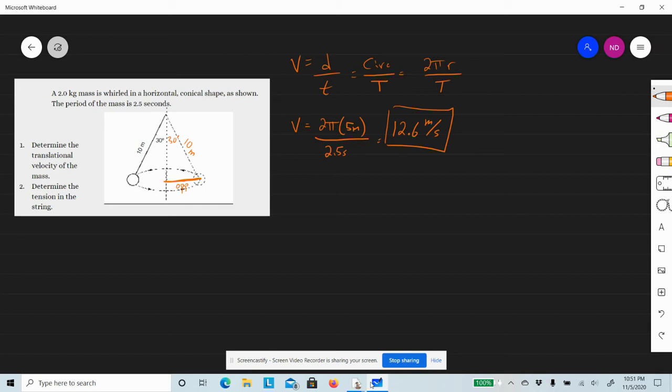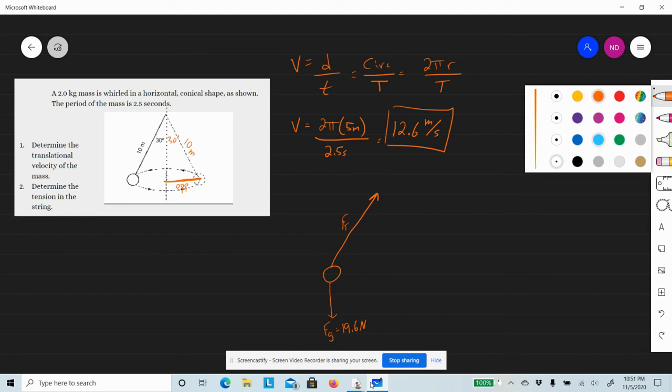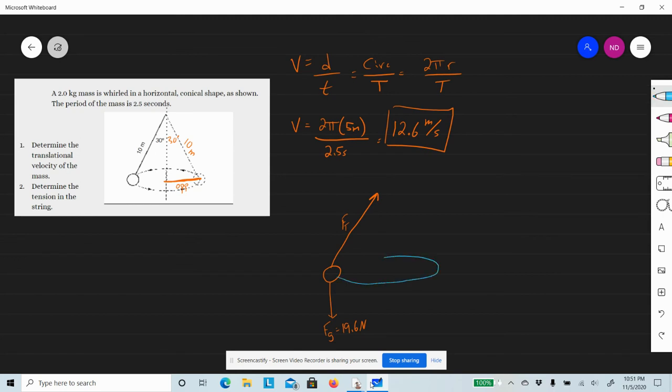Now they want to know the tension. The force of tension. Here's the mass. Earth's pulling this thing down with a force of mg, which is just 2 kilograms times 9.8, 19.6 newtons. This thing is moving in a circular path like so.